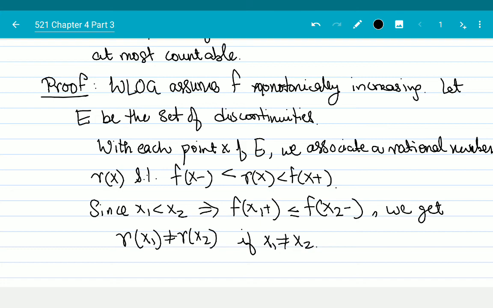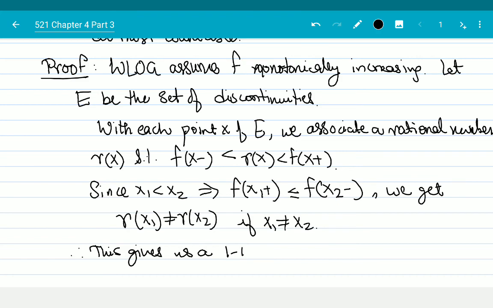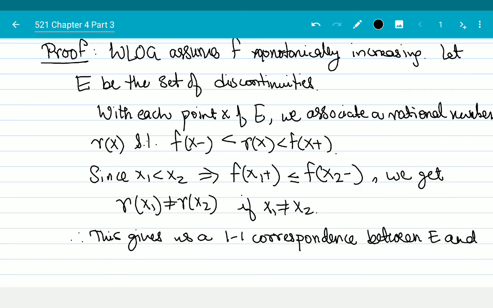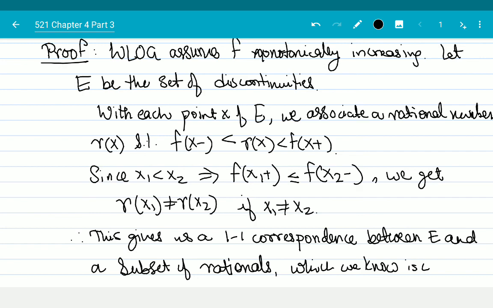Therefore, this gives us a one-to-one correspondence between the set E and a subset of the rationals, which we know is countable, right?